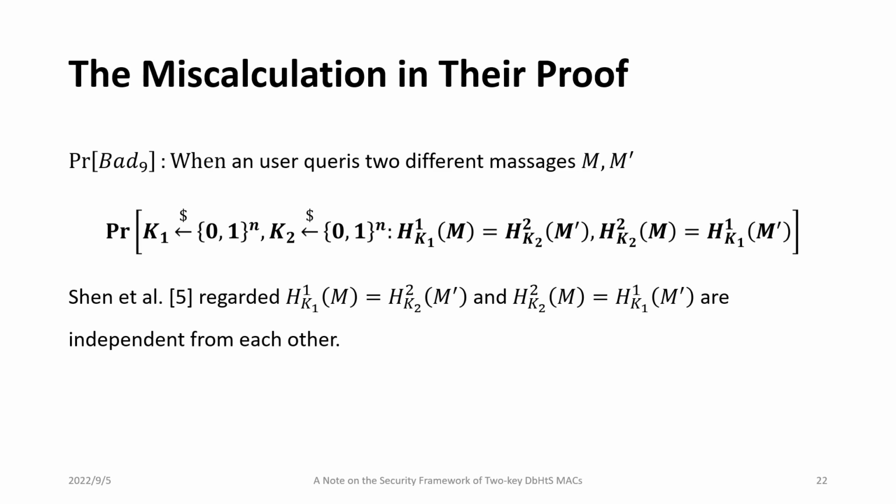Now we point out the miscalculation in their proof. When they computed the probability of bad 9, that is to say, the probability of simultaneous collisions of the first hash function with message m and the second hash function with message m prime, and the second hash function with message m and the first hash function with message m prime, when the two hash keys are both chosen uniformly and randomly, they regarded the two collisions as independent from each other.